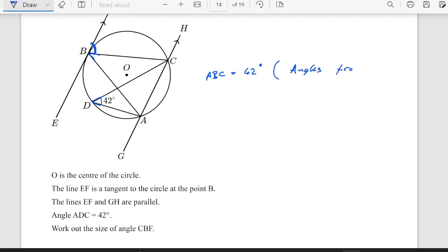Angles from same chord or same segment are equal.